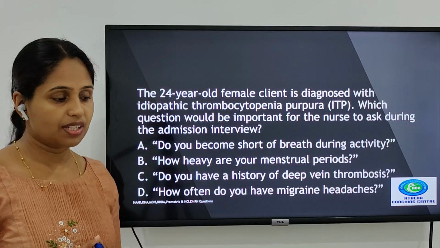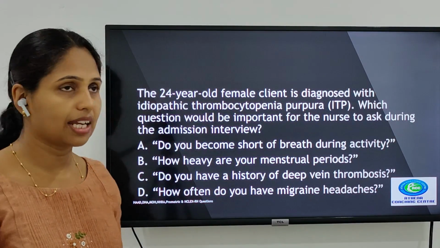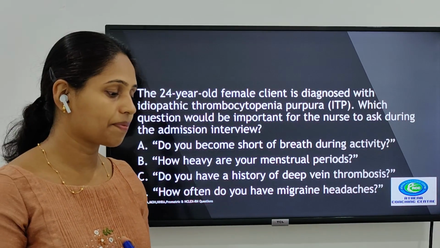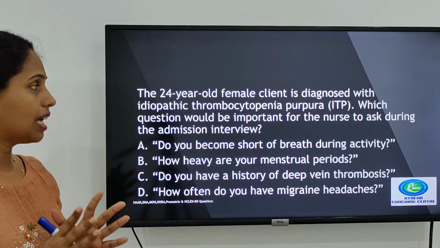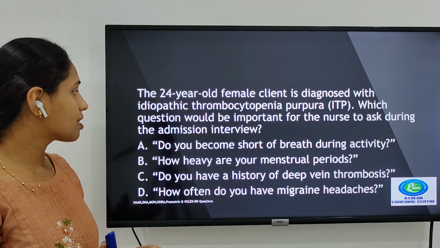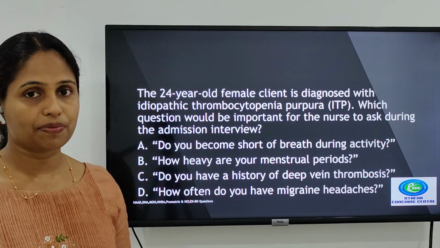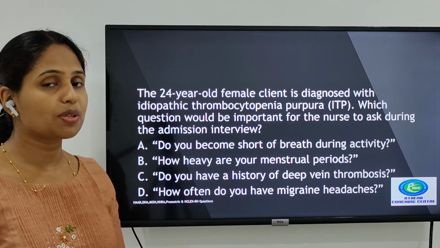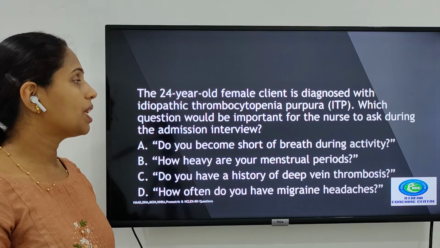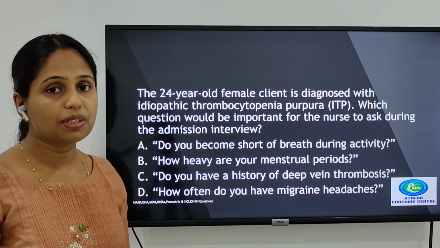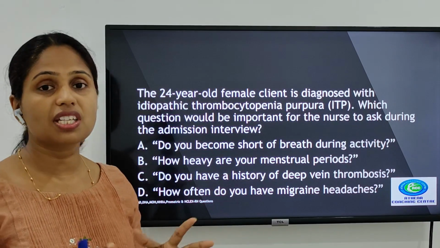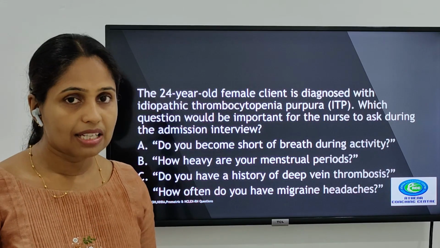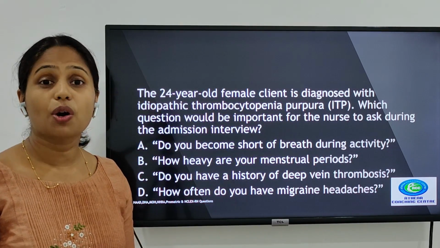Okay, next question. A 24-year-old female client is diagnosed with idiopathic thrombocytopenic purpura. Which question would be important for the nurse to ask during the admission interview? What is this condition, idiopathic thrombocytopenic purpura? It is simple: thrombocytopenia means a low number of platelets, which causes purpura or bleeding.